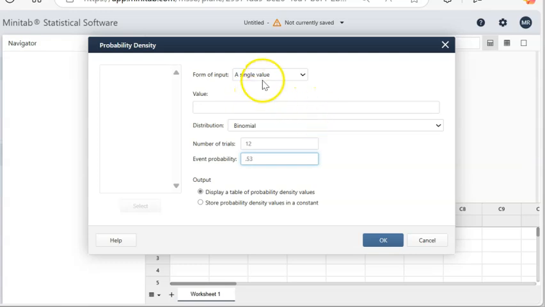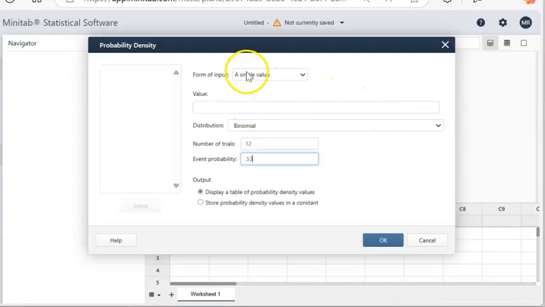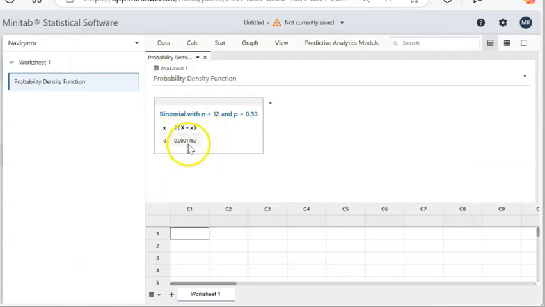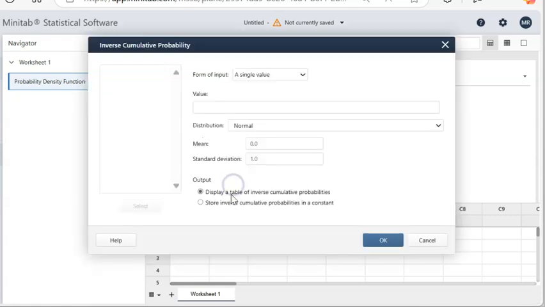We need the values for 0, 1, 2, and 3, so we could do a single value at a time. We could find the probability if x is 0 and then hit OK. And here it is. Then we could do the same thing again.